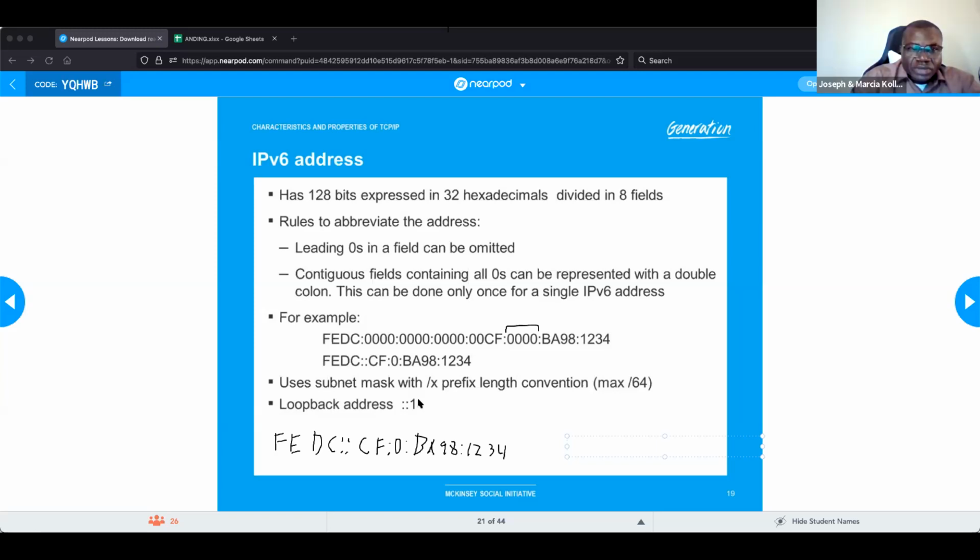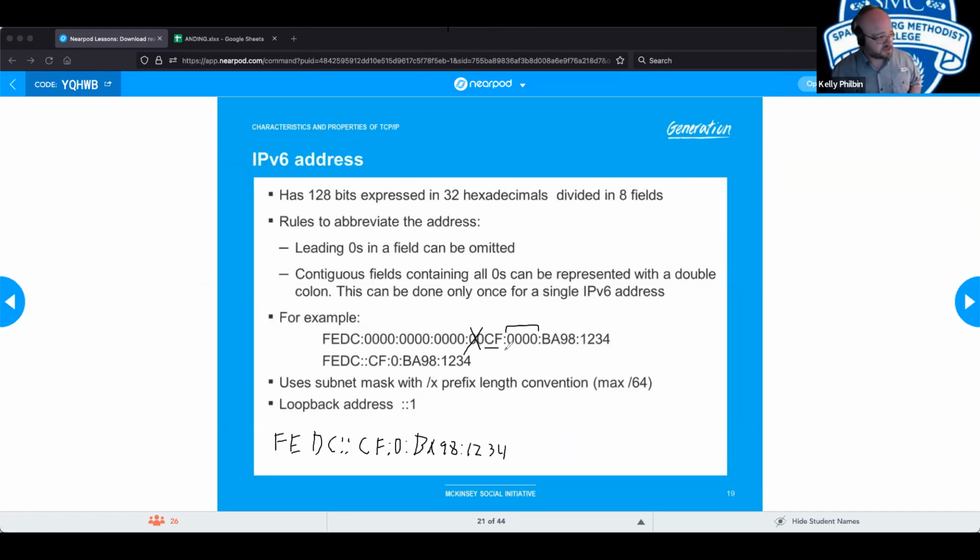Can you please go over the last 2 zeros before the CF? Okay, these are considered leading zeros. If we're supposed to have 4 characters in a group, and the first 2 are zeros, we can just cut those off, because we know these would be the last 2 characters.